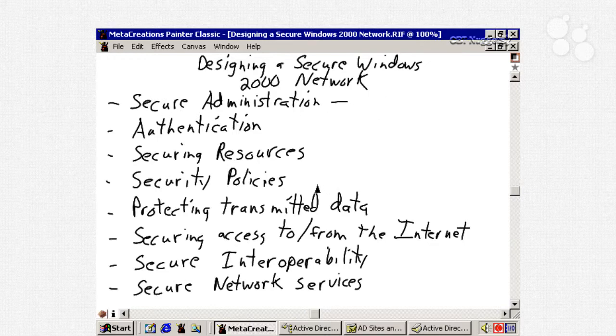Okay, so it's going to be a living process where we're going to have design information on the main components of that secure Windows 2000 network design. And you'll probably notice that in the rest of this series, we're going to see how to design for secure administration, authentication, securing our resources, etc.